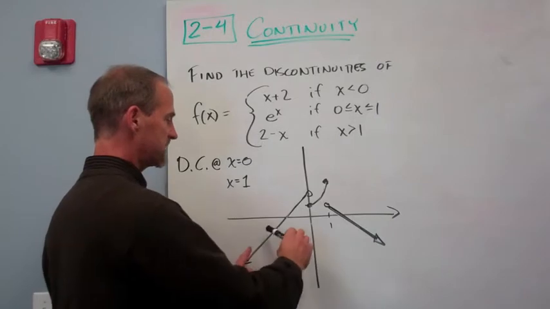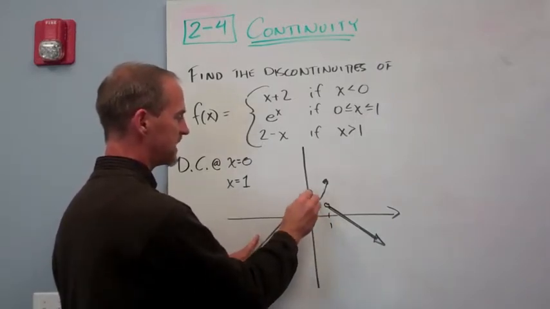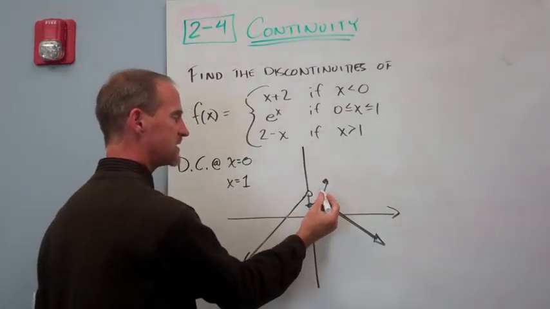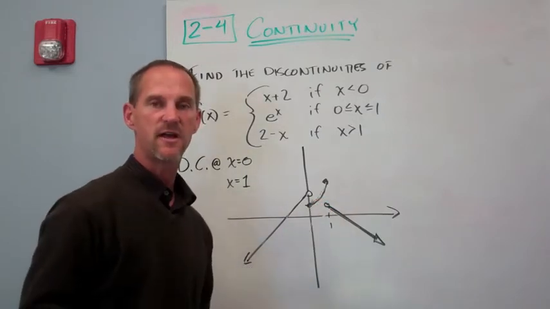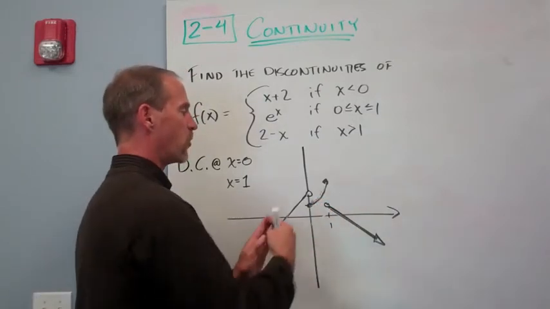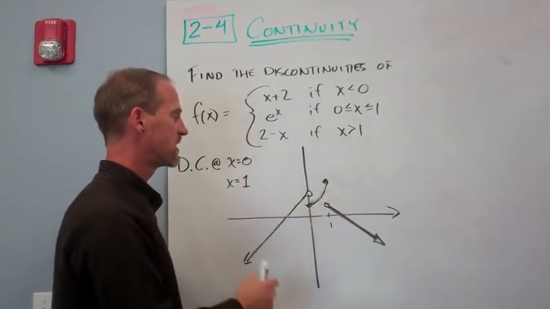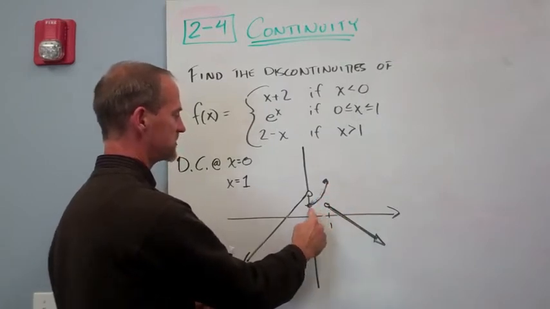It is not continuous purely from the left here because of the hole, that I need that when I get to that spot to have that value agree. But we would say that it is continuous coming from the right-hand side. So you can have continuity on one side or another of an endpoint or some sort of boundary. So we'd say it is continuous coming from the right towards 0.